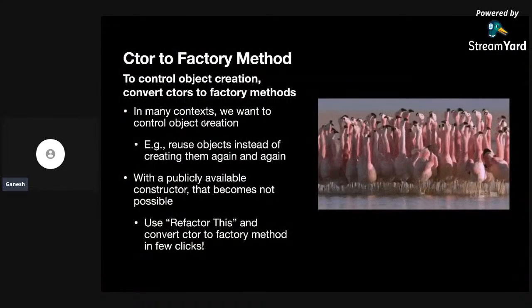Okay. Another example of refactoring is constructors to factory methods. To control object creation, we often convert constructors to factory methods. There are numerous contexts where we need to control object creation. Consider, for example, you want to reuse some of the objects. Let us say in a widget code, you have a lot of colors to manage.